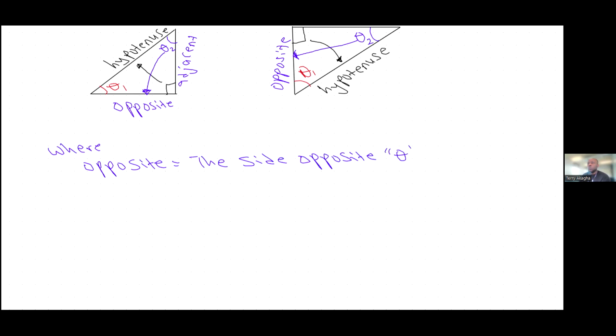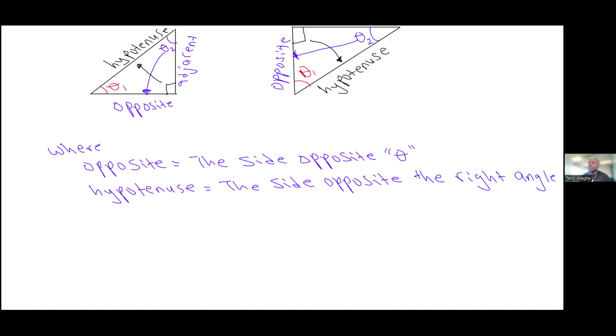Number 2, we have the hypotenuse. We've already agreed that the hypotenuse is the side that is opposite the right angle. And the last one is the adjacent. So the adjacent is the what?